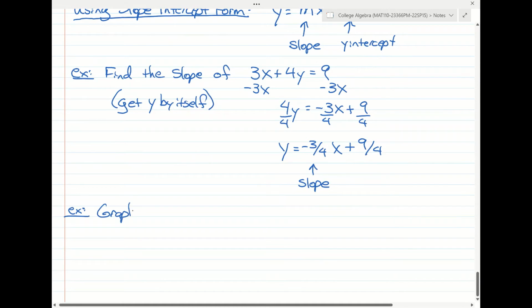I could ask you to graph the line through negative 3, negative 2, with a slope of 1/2.